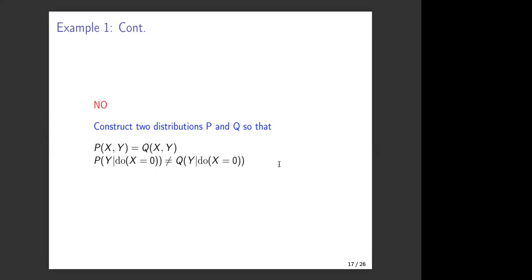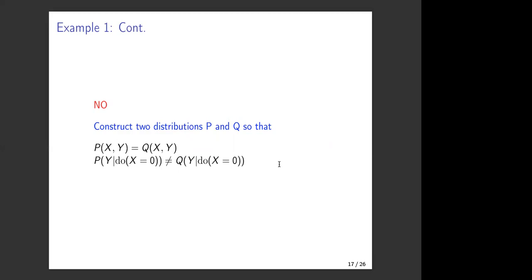So how do I show something is not possible in this situation? What you do is construct two distributions P and Q, both consistent with that particular DAG I showed you, where the observable parts are the same, but when you intervene, they give different answers.